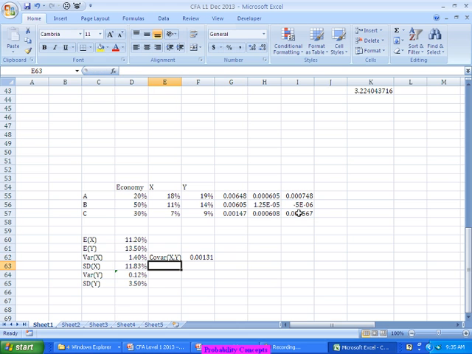And now when I have to talk about the correlation between X and Y, we are only talking about covariance divided by the product of their two standard deviations. This into this gives me almost 0.316, 31.6%, which is what is being highlighted as the correlation.